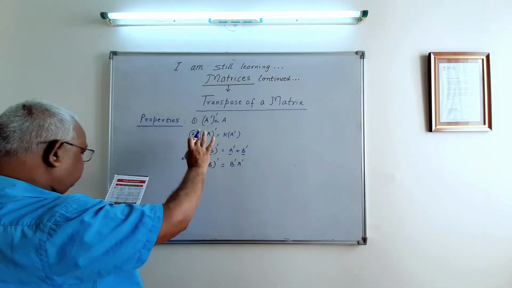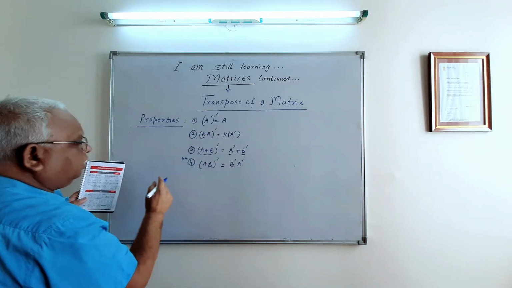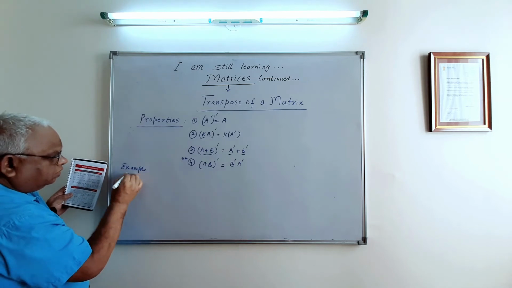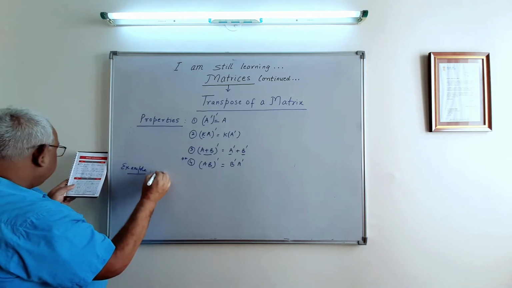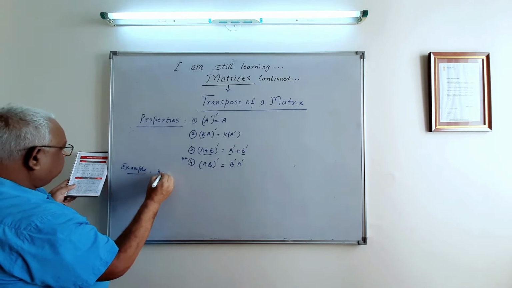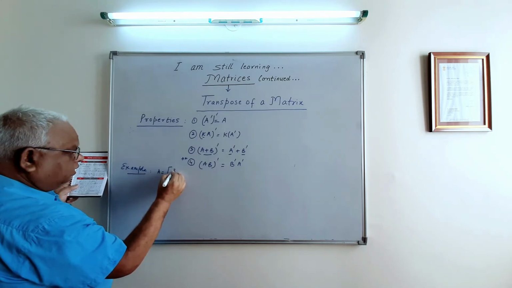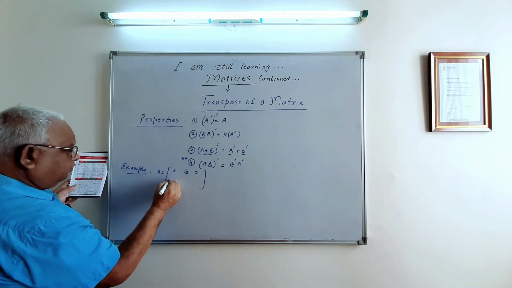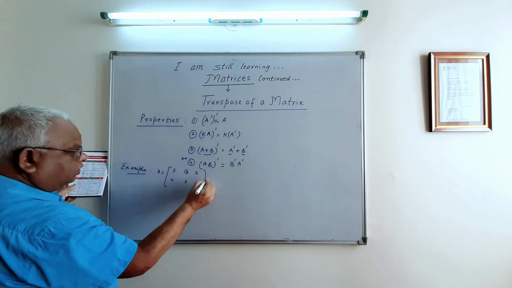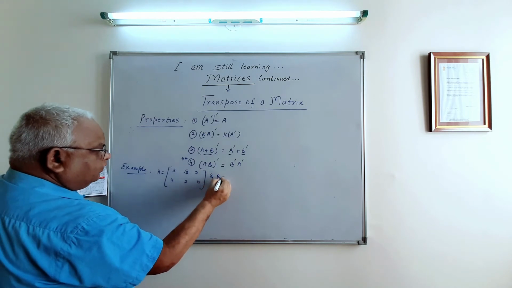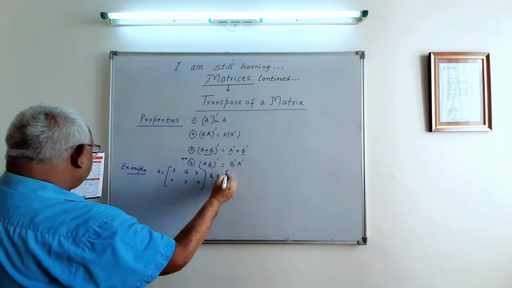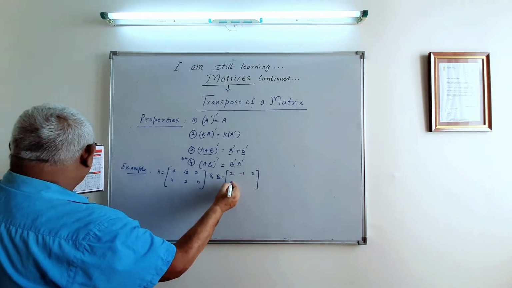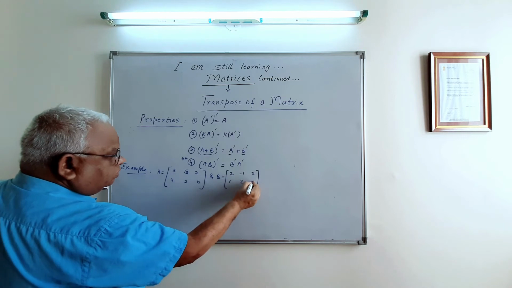To try to understand quickly, let us take an example. A is equal to 3, root 3, 2, 4, 2, 0, and B is equal to 2, minus 1, 2, 1, 2, 4.